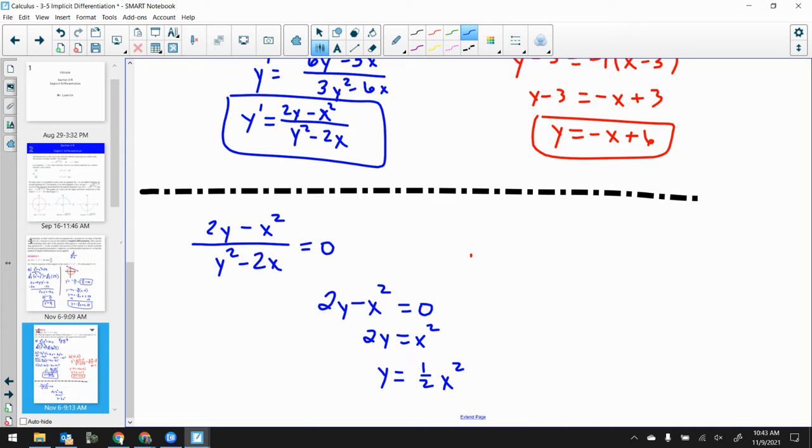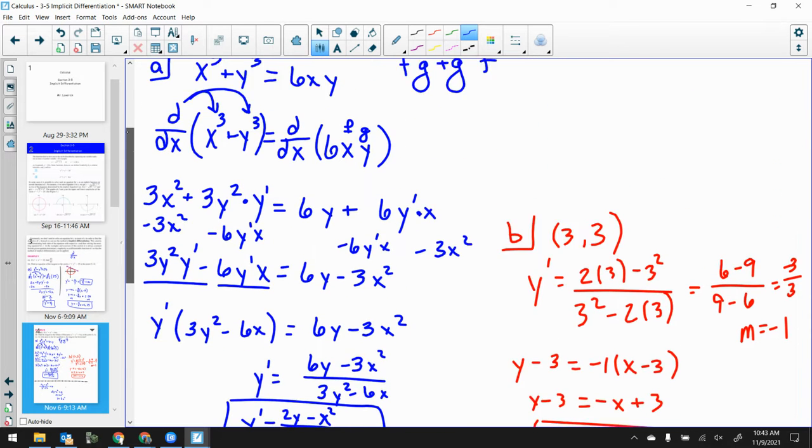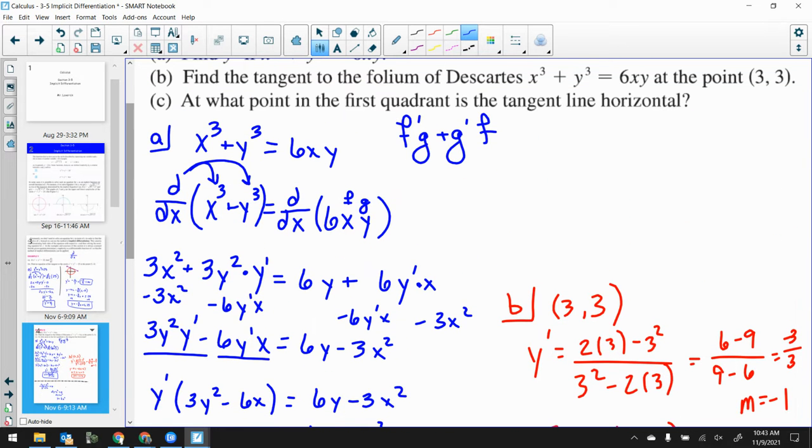So when is y equal to 1/2 x squared? Well, think back to my original equation. I've got x to the third plus y to the third is equal to 6xy. That maps all of the points on this curve. So if I want to know when y is going to be equal to 1/2 x squared, I can just set 1/2 x squared into y. I basically made for myself a system of equations.